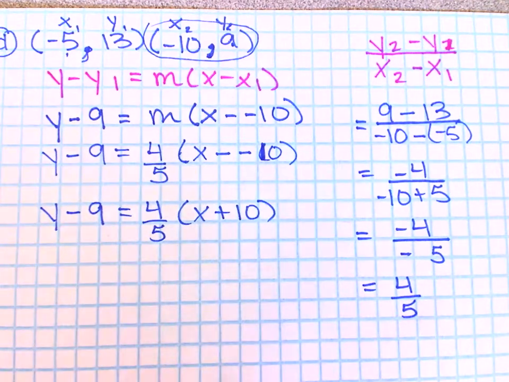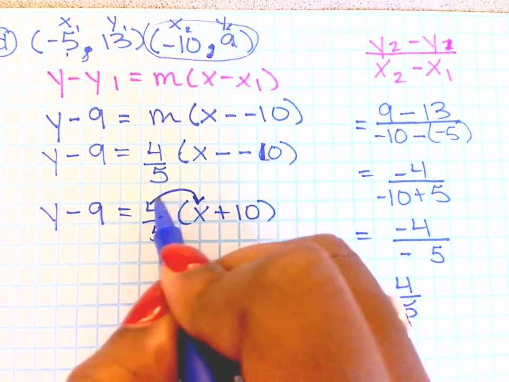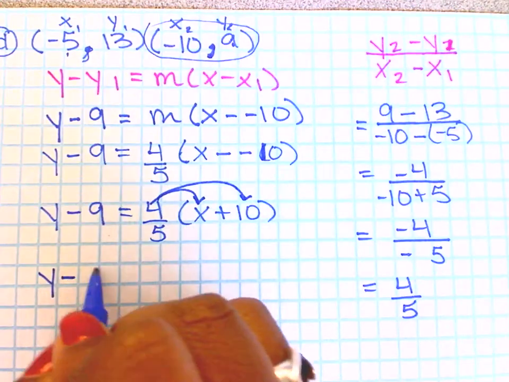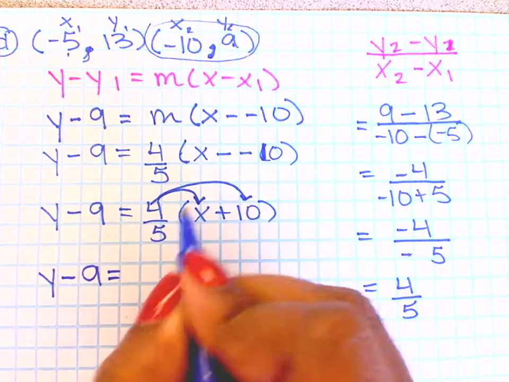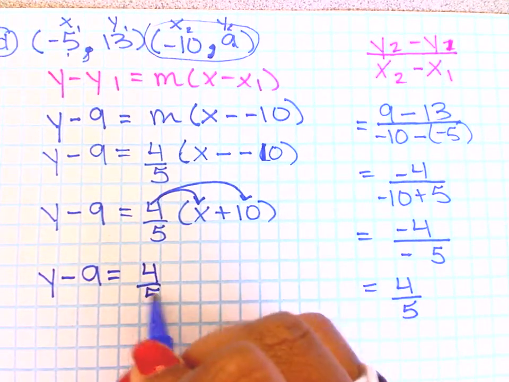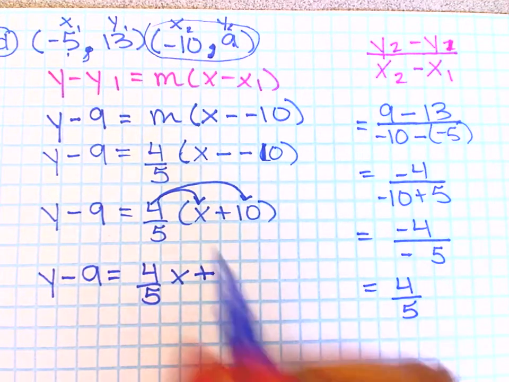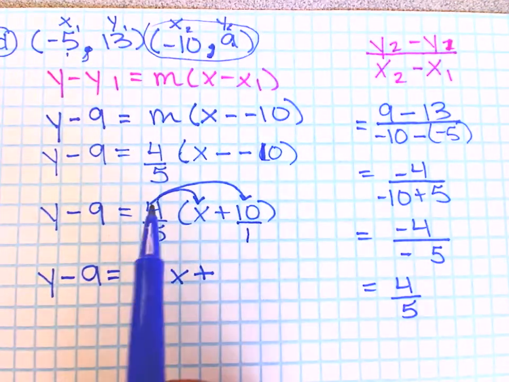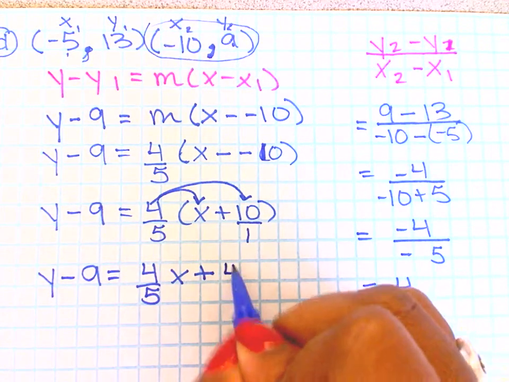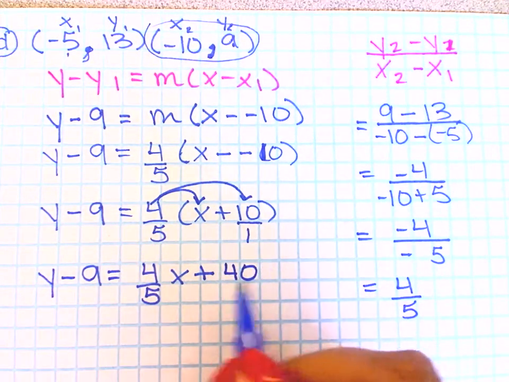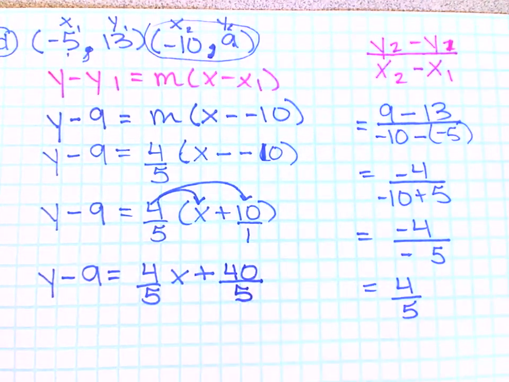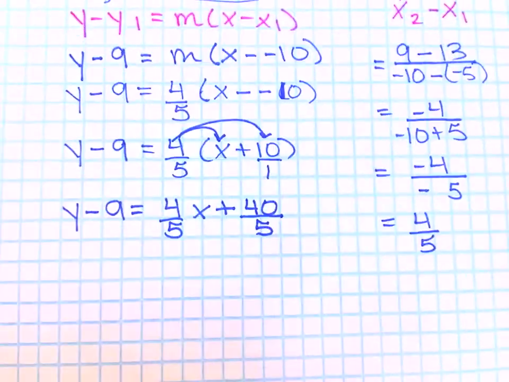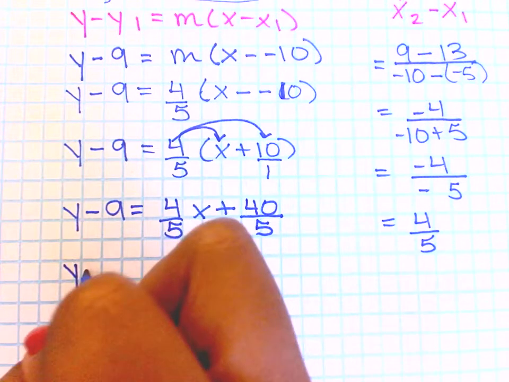Now I'm going to distribute. Y minus 9 equals 4/5 times x is 4/5 x plus 4/5 times 10, think of it as 10 over 1. 4 times 10 is 40, and 5 times 1 is 5. Can that be reduced? Yeah, 40 divided by 5 is what? 8.